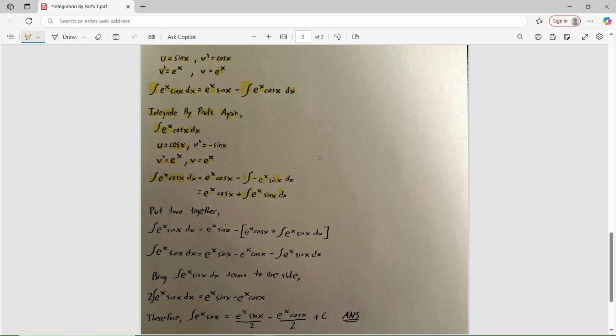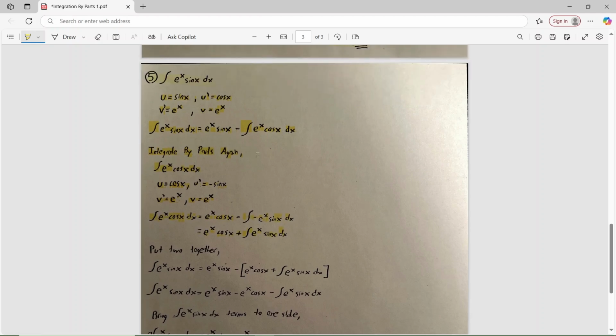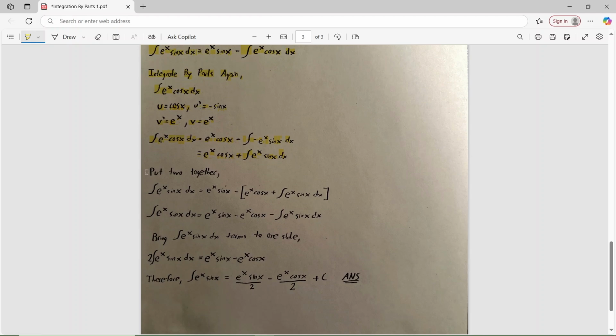Now what you will find is that if we put these two together, so we found this part, we plug this equals term into here, and we get this expression. The integral of e to the x sine x equals e to the x sine x minus all of this. Now what you'll notice is e to the x sine x is over here, e to the x sine x is over here. So continuing to expand it out, we get something like this.